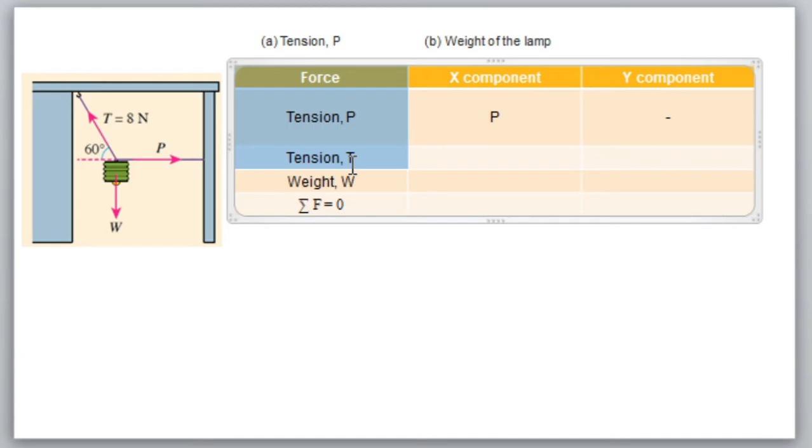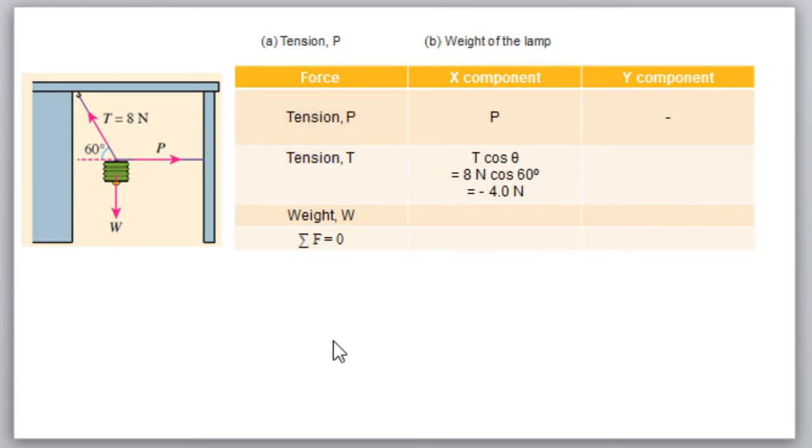And we do not need to resolve it to Y component since it does not have any angle. So how about the second tension of the string, which is T? For T, since it has angle 60 degrees, we must resolve it to X component and Y component.